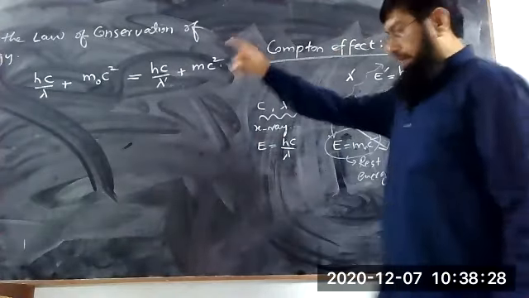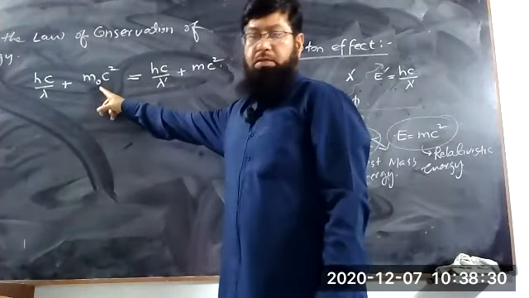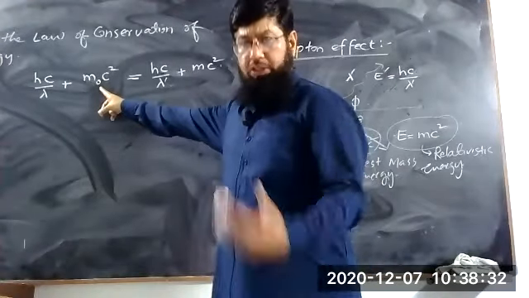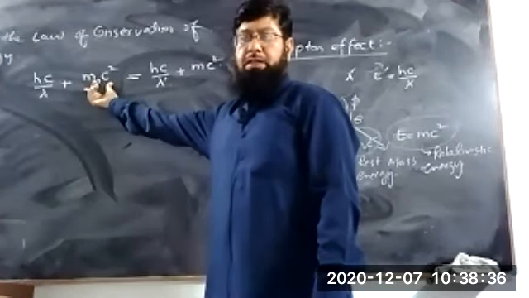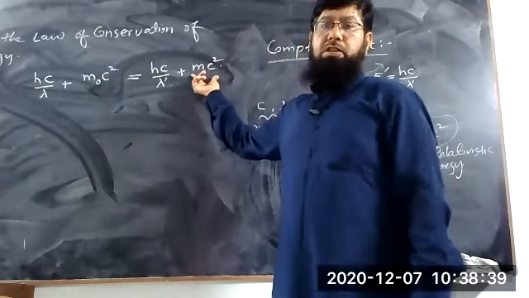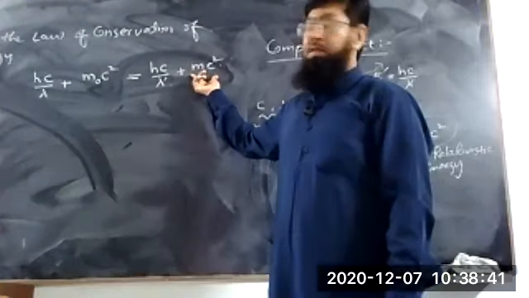The electron was initially at rest, so we call its energy the rest mass energy, and this other one the relativistic energy.